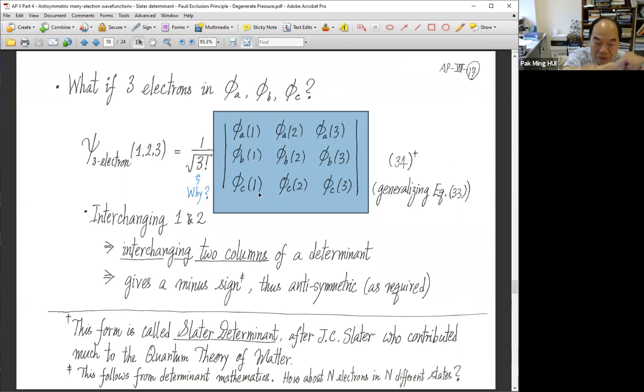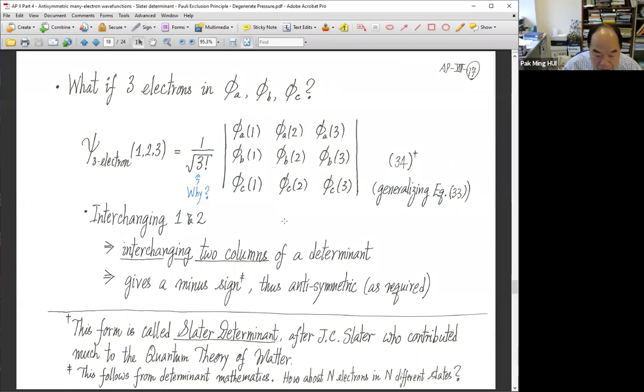You switch them, that is the same physical situation. So in the determinant form, we are switching the label. We replace 1 by 2, 2 by 1. But there is a very interesting determinant mathematics result. When you interchange 2 columns or 2 rows of a determinant, there is always a minus sign. I hope that you know this fact. If not, go back to your mathematics book.